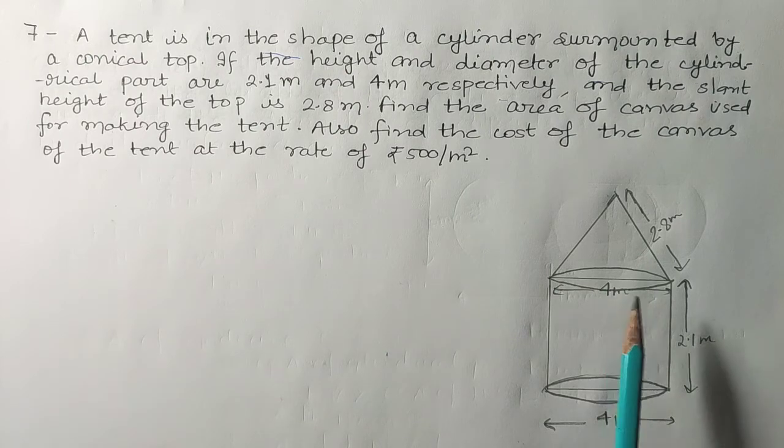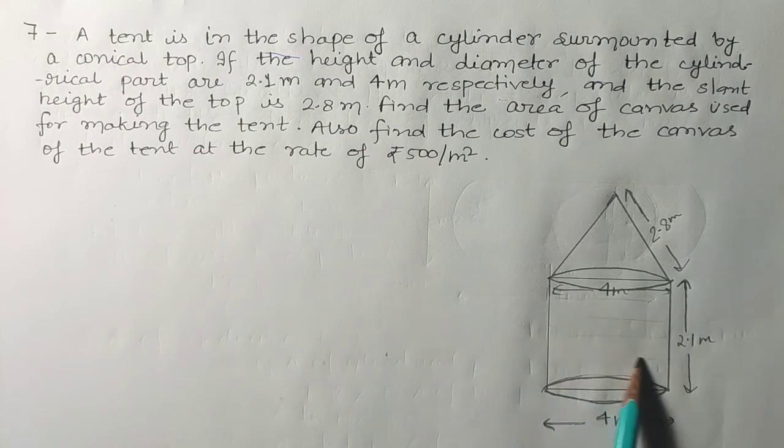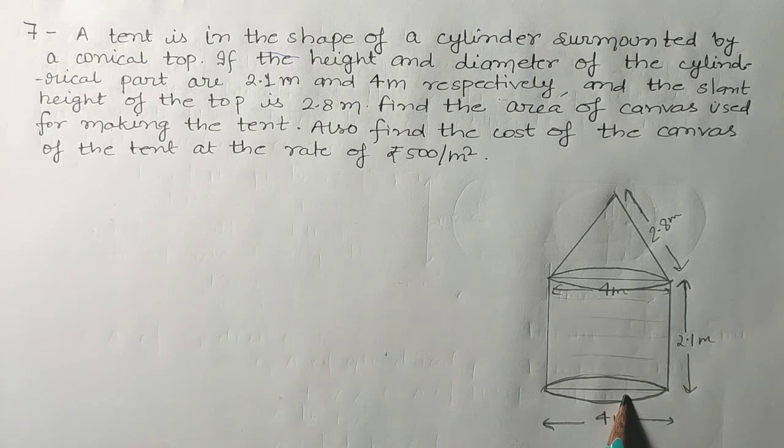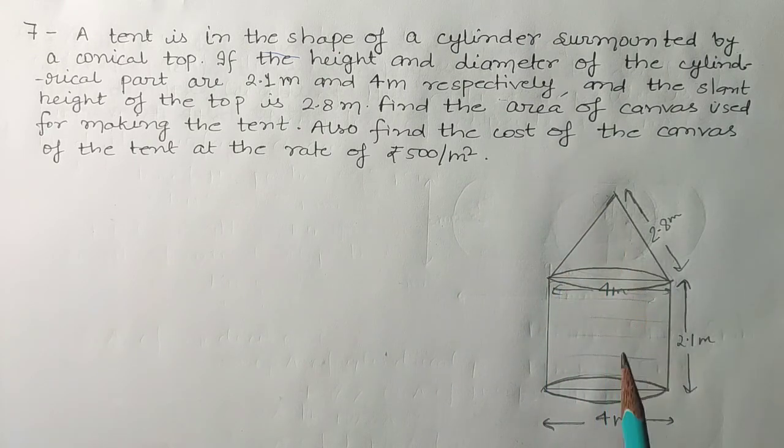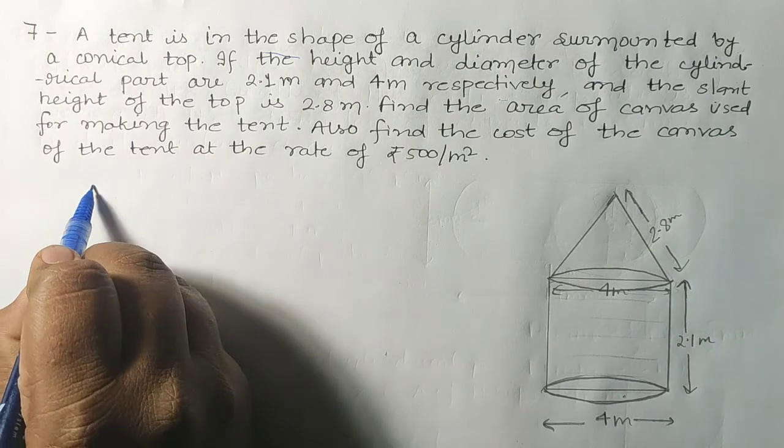See students, firstly we have to add the curved surface area of the cylindrical portion plus the curved surface area of this conical portion. Okay, so here we are going to write the solution of this question.